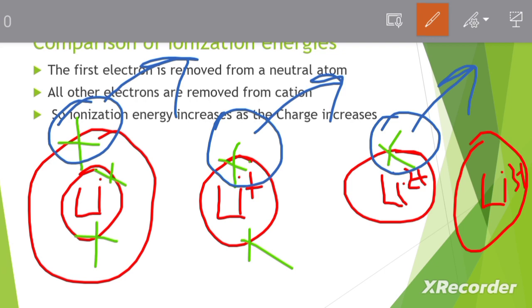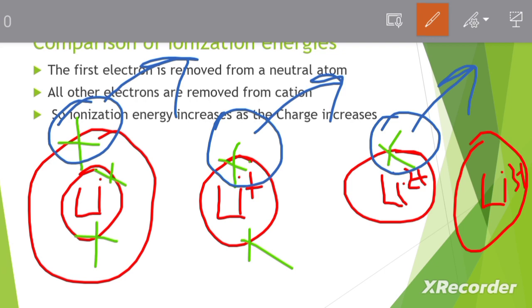So you can see here, radius becomes less when charge increases. You have learned it in previous videos. When the charge increases, the cation radius becomes low. When the cation radius becomes low, nuclear attraction increases.